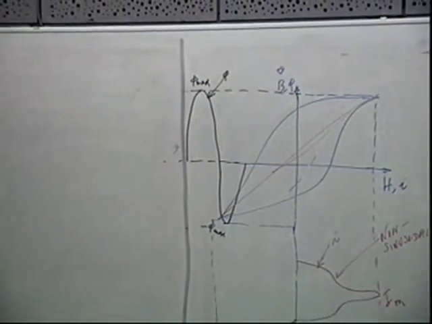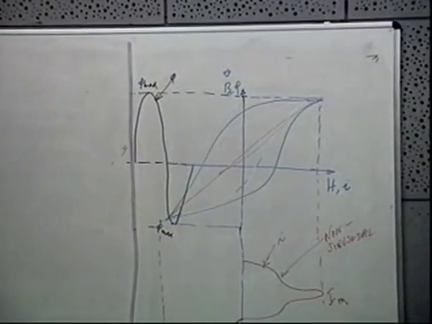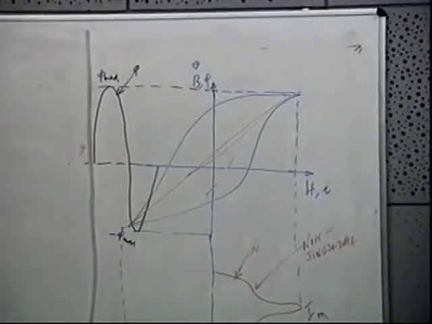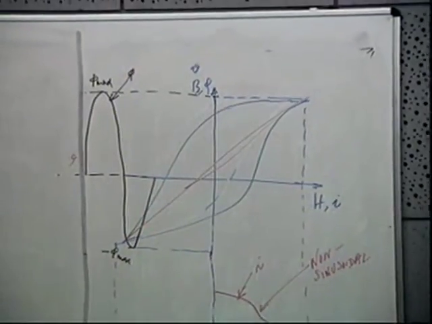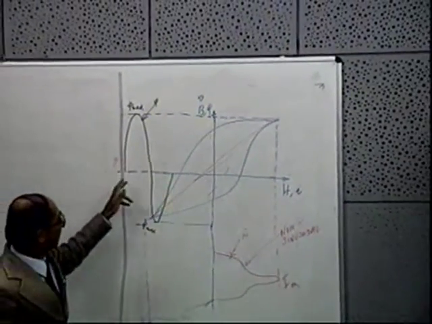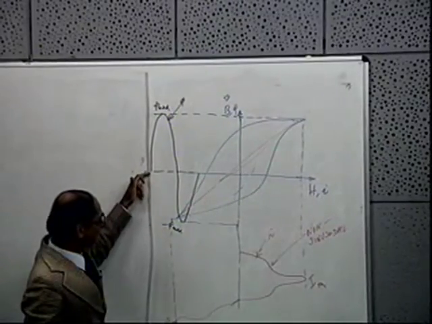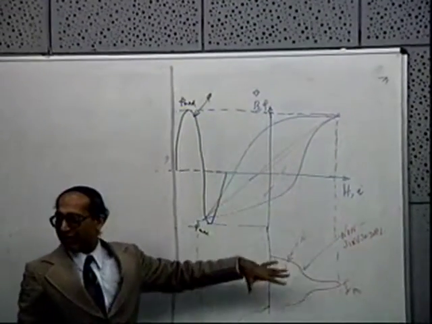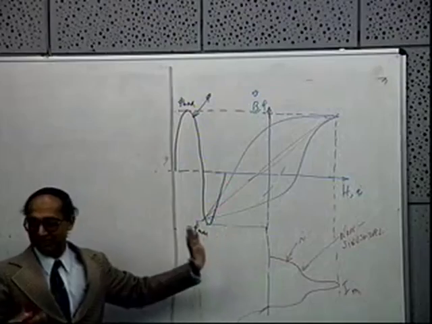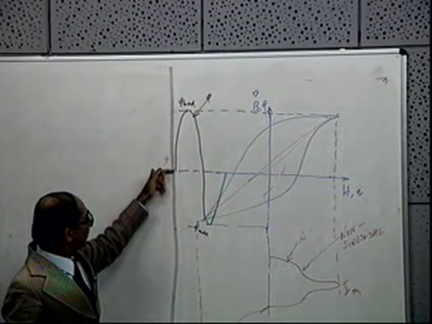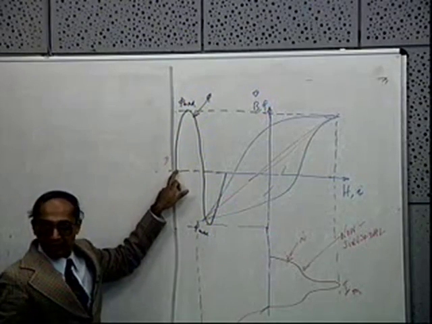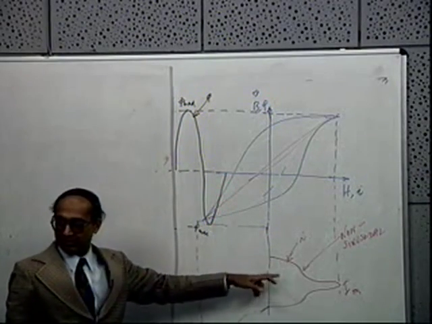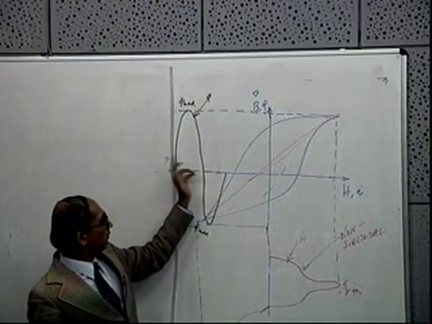For each phi, we should have two points corresponding to the two sides of the loop, but we are having only one point on this. What I am saying is, supposing for each one you have to plot. This is very rough, but you can try. Supposing the flux is 0, you will have an I. So you must take the corresponding flux 0.